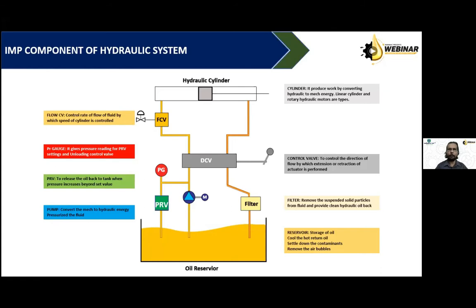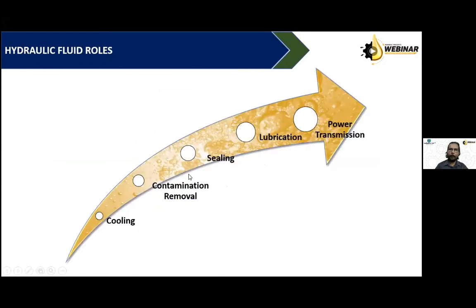We will see a few more applications. So now coming to our basics again, what is the role of fluid? It is not just to transmit the power, but at the same time, it acts as coolant, contamination removal agent, sealing body, lubrication. Suppose we take an example of this direction control valve.